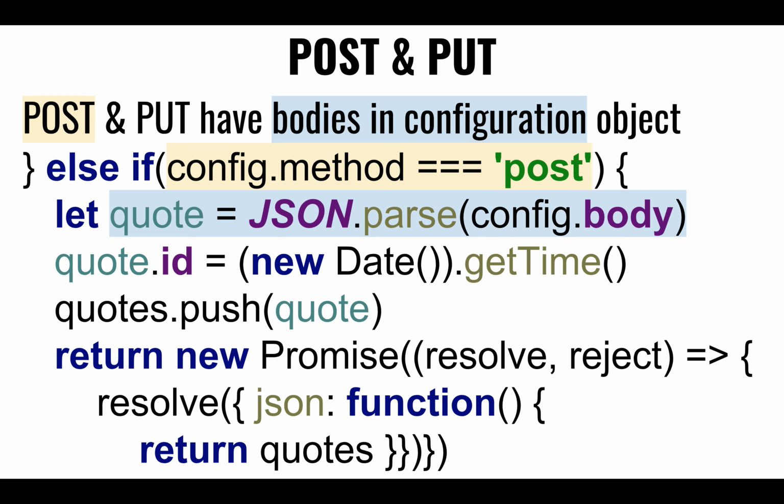We're going to actually push it into the array we loaded, so the quote is actually going to be in this array. And then we're going to send back all the quotes. Now all these quotes contain this brand new quote we just pushed into the array.